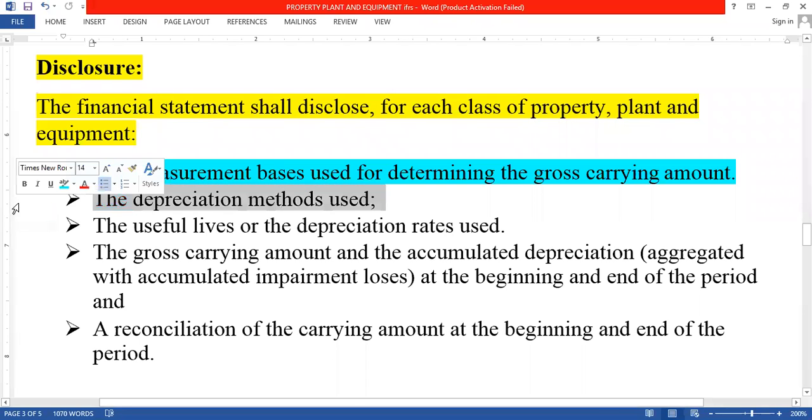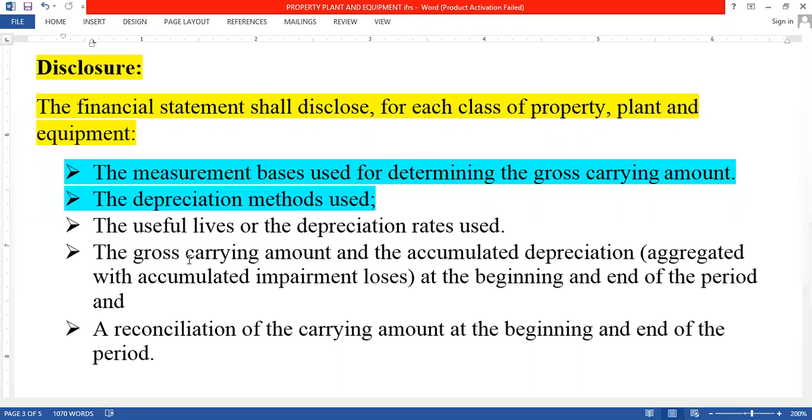After that, the second one here: the depreciation methods you are using. This is very, very essential in an organization as well as in the corporate sector.